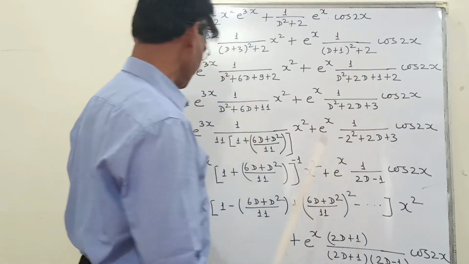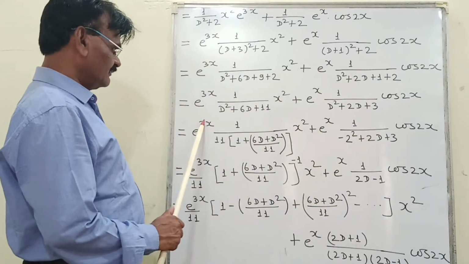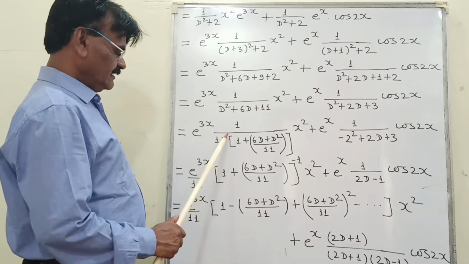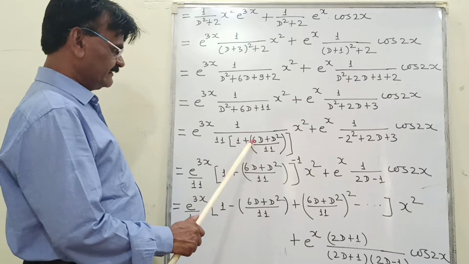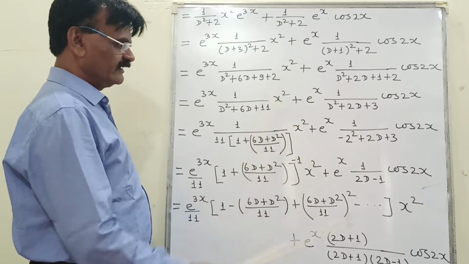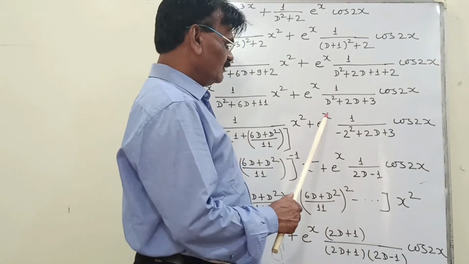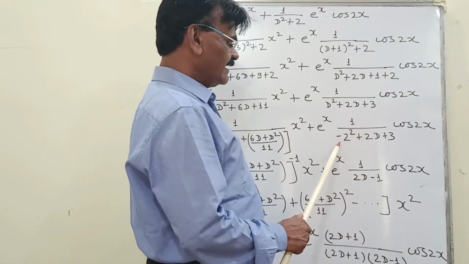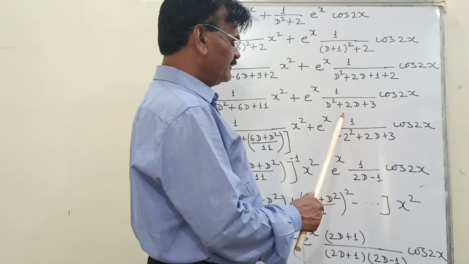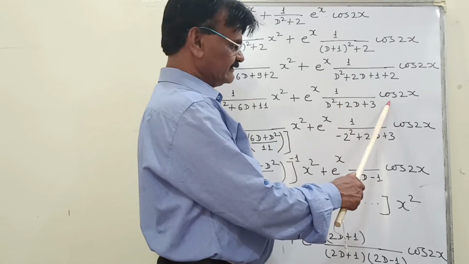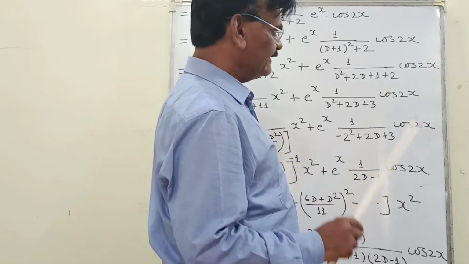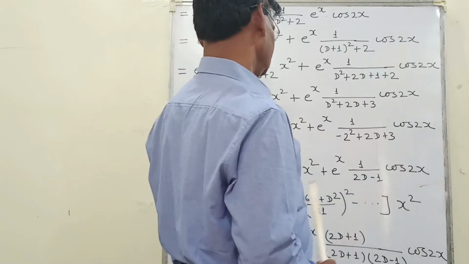cos 2x, which is equal to e to the power 3x 1 upon 11 taken out common in bracket 1 plus in bracket (6D plus D square) divided by 11 bracket complete into x square, plus e to the power x 1 upon minus 2 square, because we use here the formula 1 upon f of D square into cos ax, which is equal to 1 upon f of minus a square into cos ax.